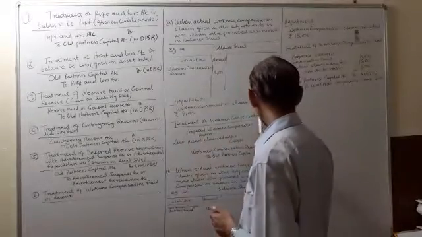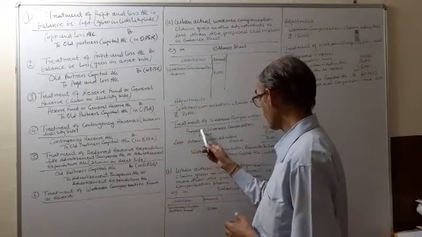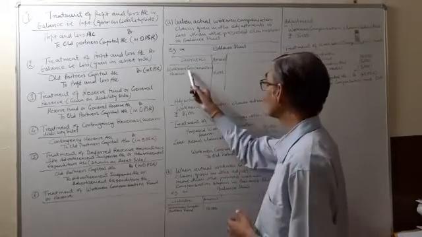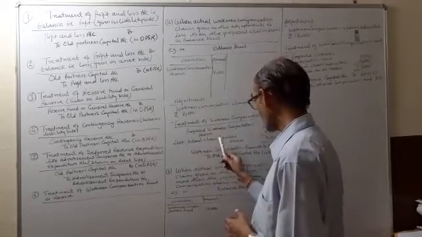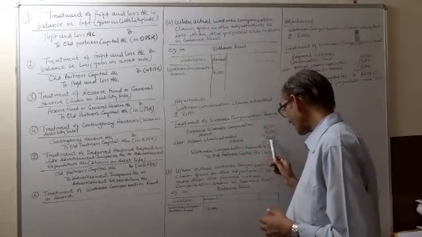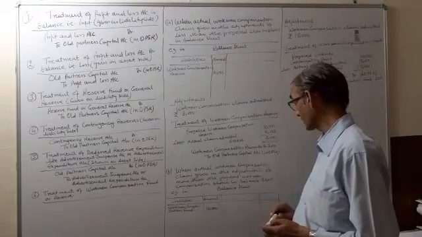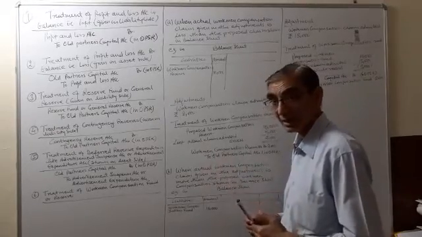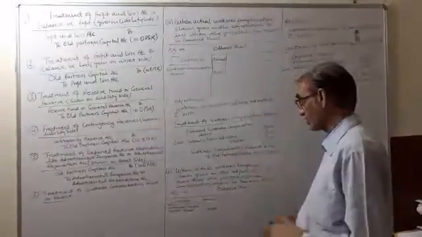Now the treatment of workman compensation reserve. The proposed workman compensation reserve was 10,000 less actual claim admitted 8,000. So this 2,000 excess workman compensation will be distributed amongst the partners in the old profit sharing ratio.